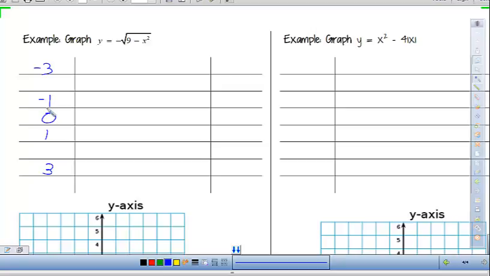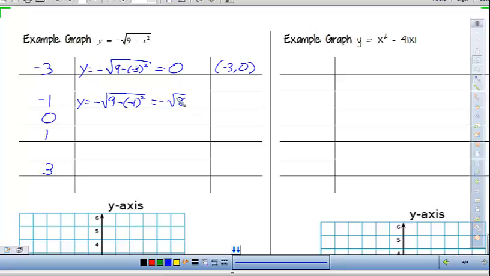So if I plug in negative 3, we get what? 0. So we're going to plot a point at (negative 3, 0). If I plug in negative 1, that's going to give me negative square root of 9 minus 1, or negative square root of 8.